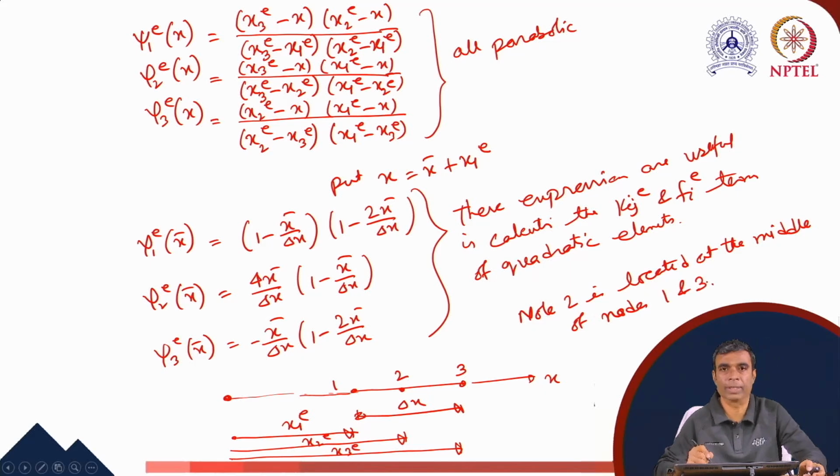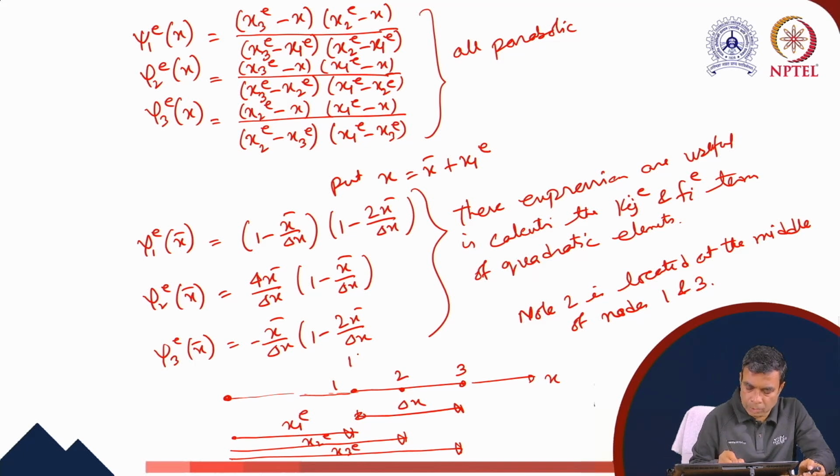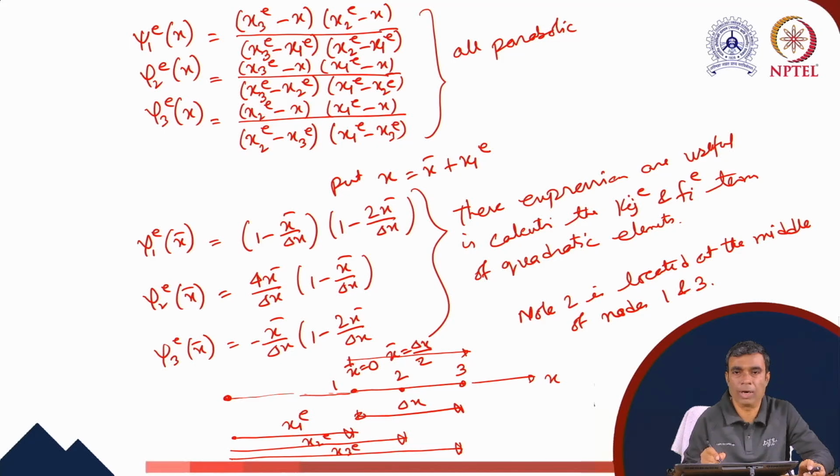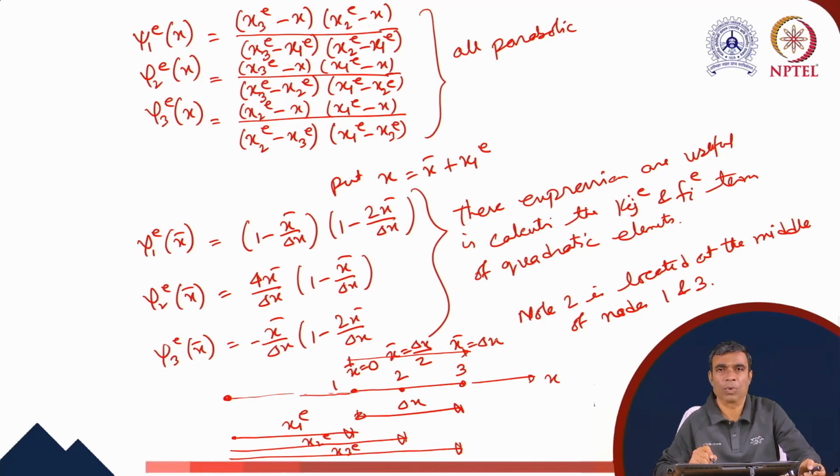This is a very important criterion. Node 2 cannot be located randomly. If we put it randomly, we get a singular matrix in the calculation of psi1e, psi2e and psi3e. And here, if we go for the local coordinate system, x bar equals 0 for local node 1, x bar equals delta x by 2 for local node 2, and x bar equals delta x for local node 3.